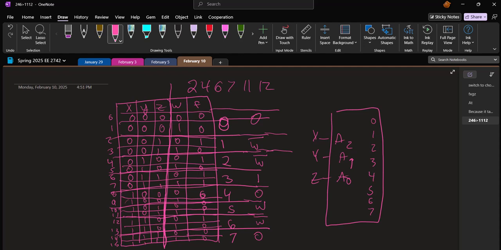So when 3 is low, there's probably a better way to do this.